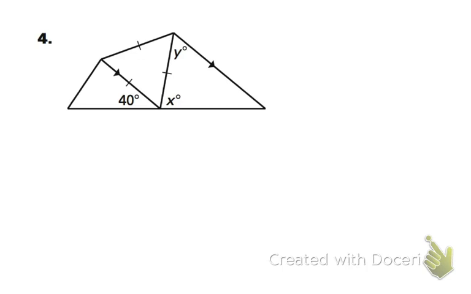All right, for this next one, I'm going to first focus in on the parallel line symbols that show me that this line right here is parallel to this line right here. And I can also see that there is a transversal going through both of those parallel lines.